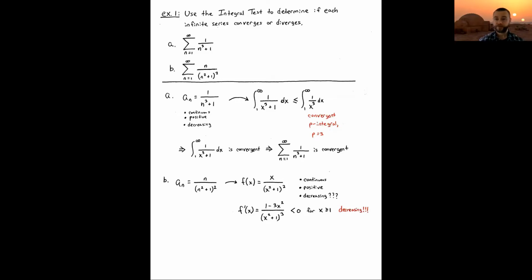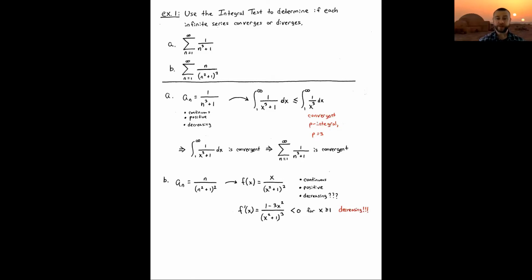All right, so what's the point of this? Well, notice our n values go from 1 to infinity, so the values of x we're considering go from 1 to infinity as well. And for values of x that are greater than or equal to 1, notice that numerator, 1 minus 3x squared, that numerator is going to be negative when x is greater than or equal to 1.